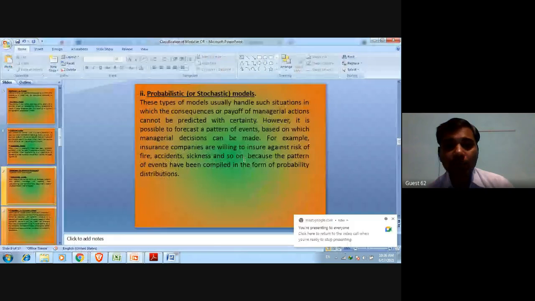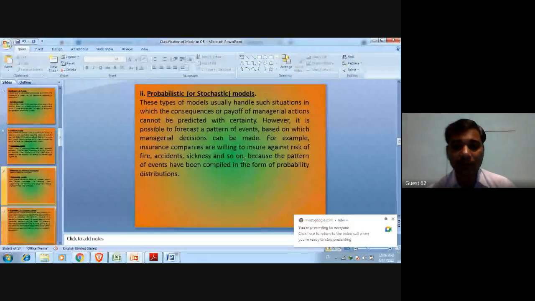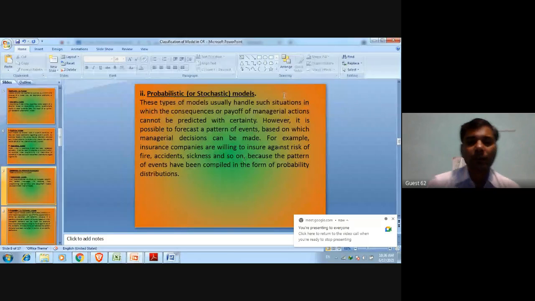However, it is possible to forecast a pattern of events based on which managerial decisions can be made. It means if you also look at the past events, you can forecast, but you are not 100% sure.